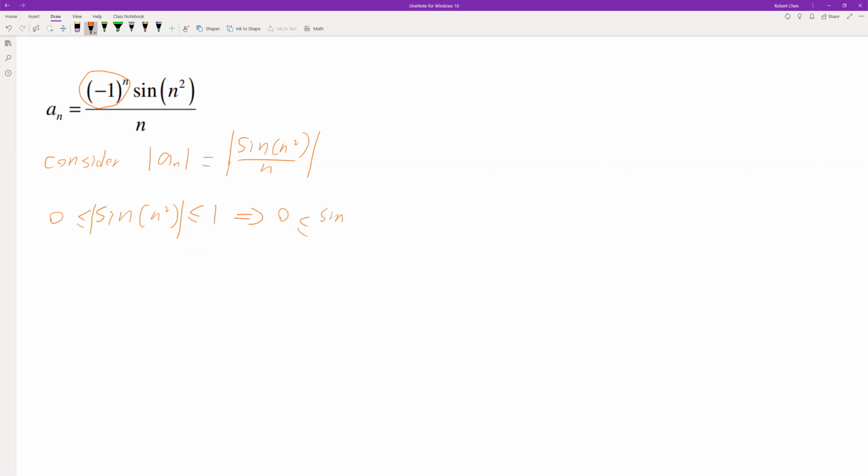All right, give me 1 second. Let me just show you what I'm talking about. I'm going to take that inequality and divide everything by n. Okay, now we have a sandwich. The middle part is what we want, the desired one, and the outer parts are very easy to work with.